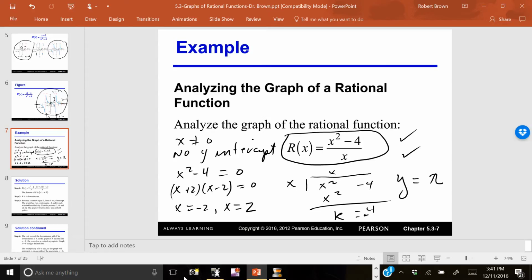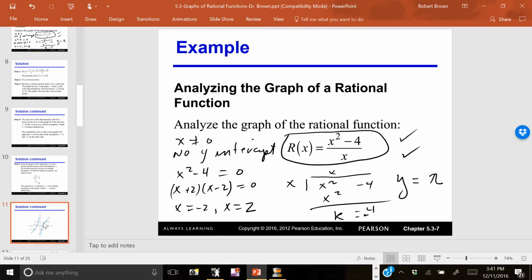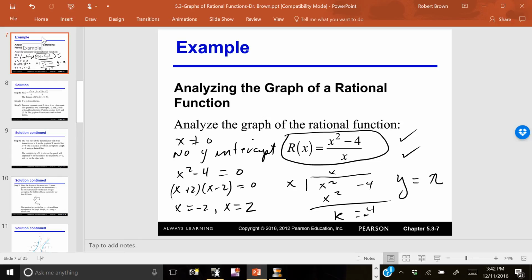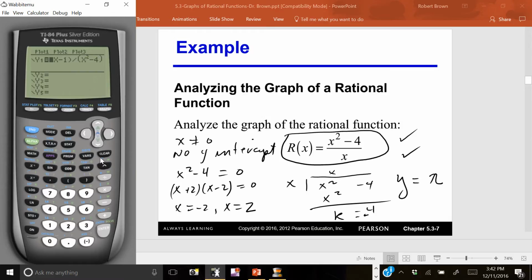So let us graph this in our calculator. Going back to the function itself, plugging in x squared minus 4 divided by x.